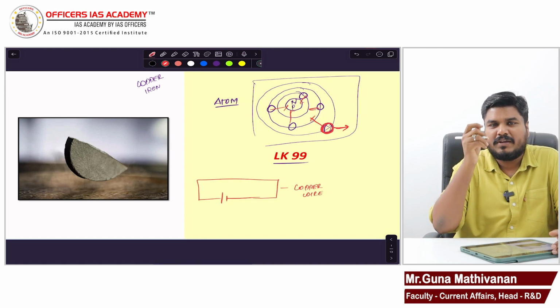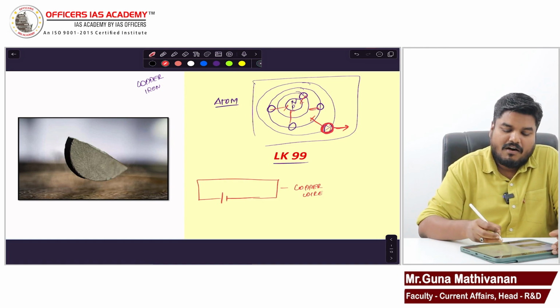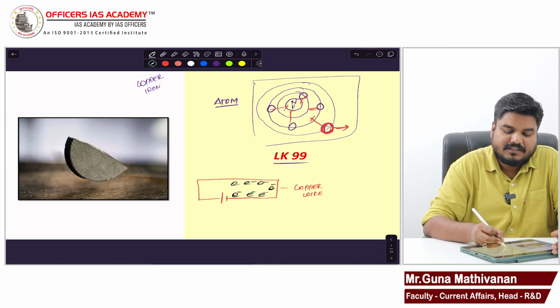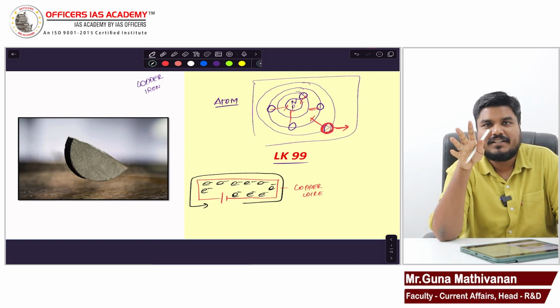So once the copper wire is connected to the battery, and you know copper has free electrons, the moment it is connected, these electrons will start moving in a particular direction. This movement of these free electrons, that is current.